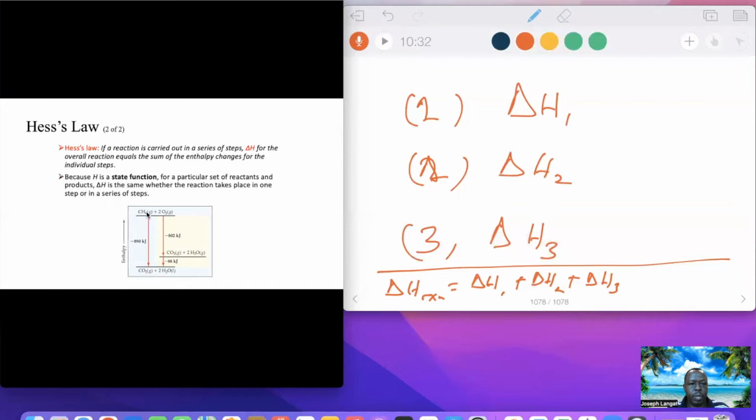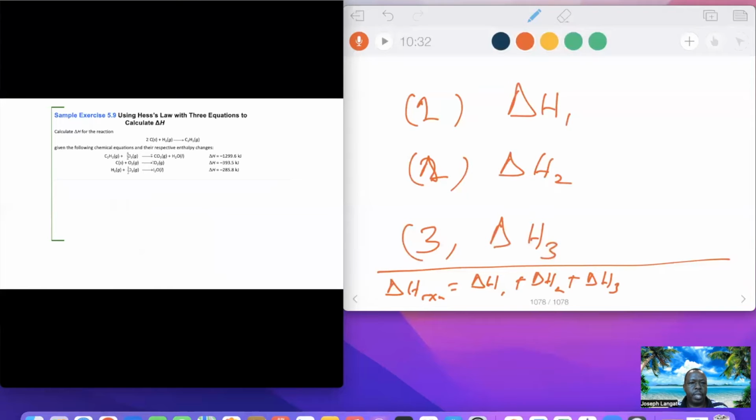In this case, we can have methane and oxygen in a combustion reaction to produce CO2 and H2O, or we can have steps. See the first step and the second step. But overall, we have the same change in enthalpy.